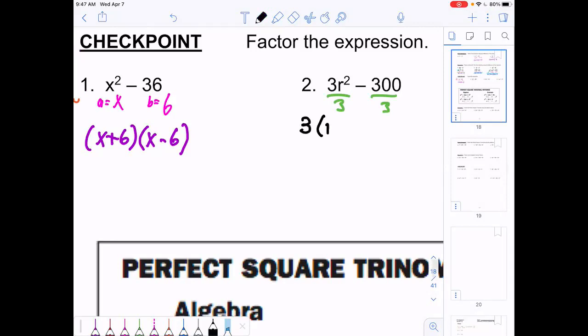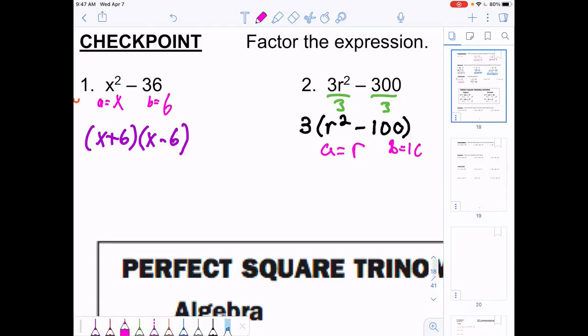R to the second minus 100. Perfect. So your A is going to be R and your B is going to be anybody? 10.